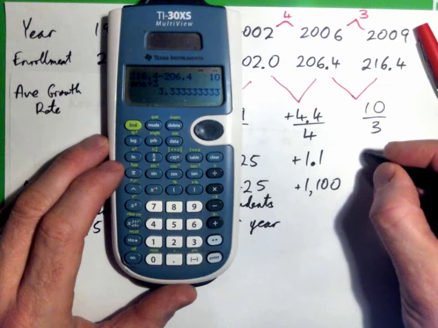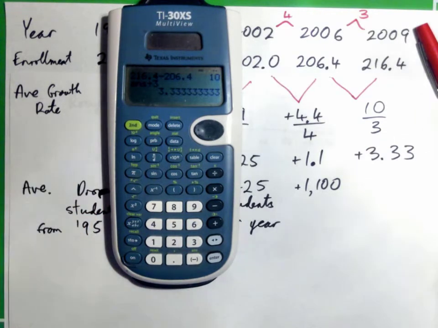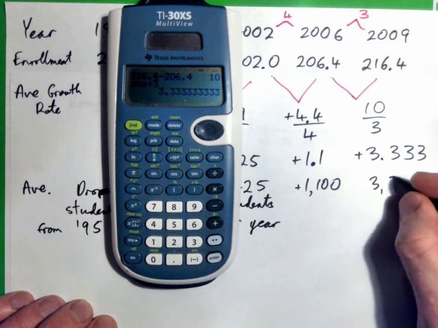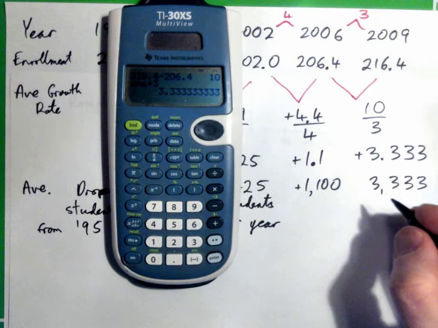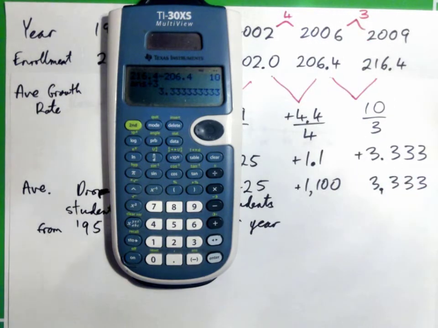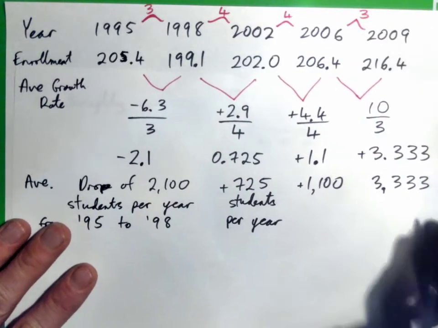So I'm just going to round that to 3.33 approximately. So it's an average increase of 3,333 students per year over this 3-year period. Make sense? So that's part B, the average growth rates. A little time consuming working all that out.